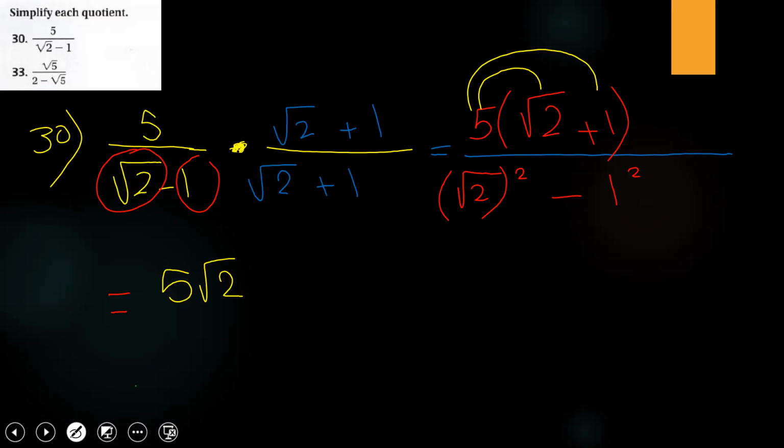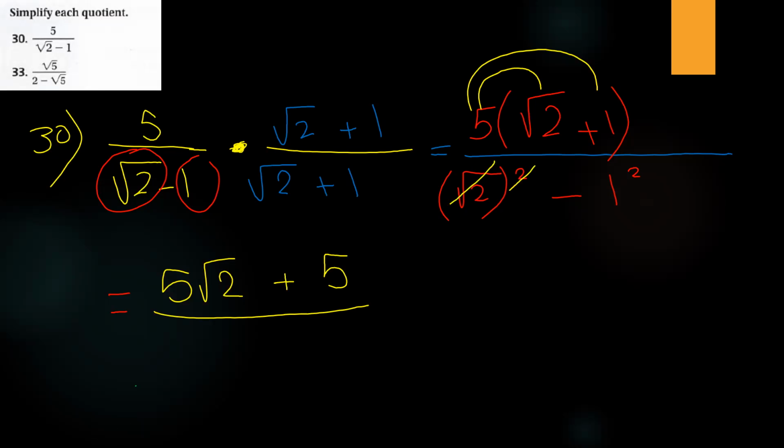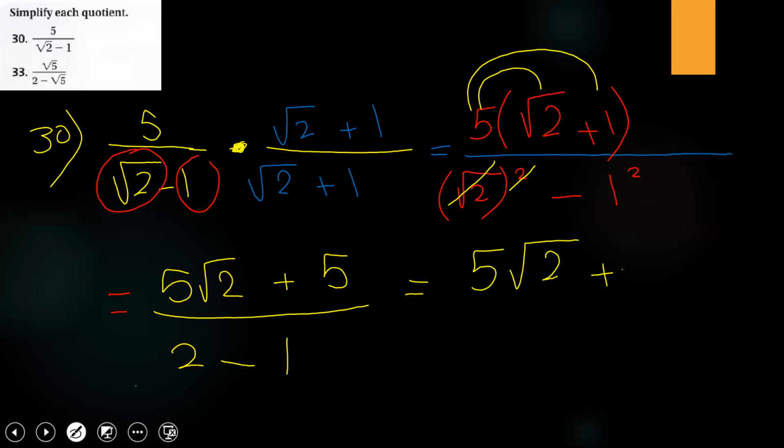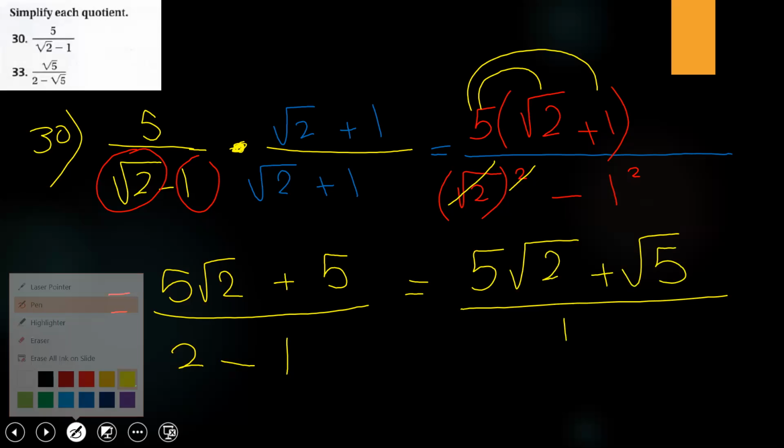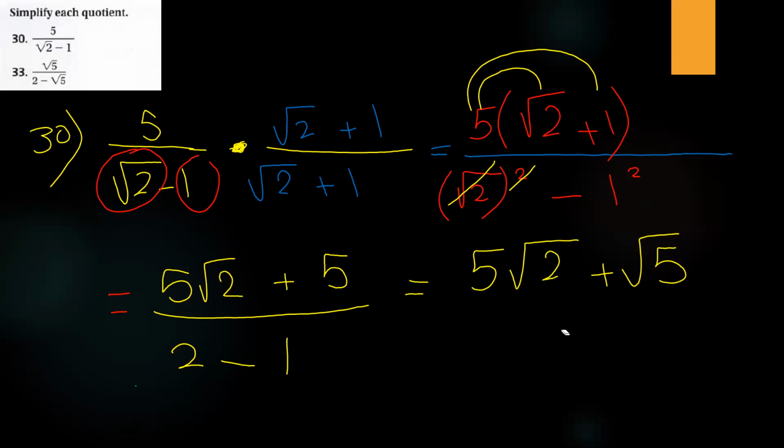Okay, thank you. So it is 5 square root of 2, then plus 5 times 1, which is 5, over square root of 2 squared. As we said, it cancels each other, so we have 2 minus 1 squared, which is 1. So we have 5 square root of 2 plus 5 over 1. Or you can remove the 1. So this is the final answer.